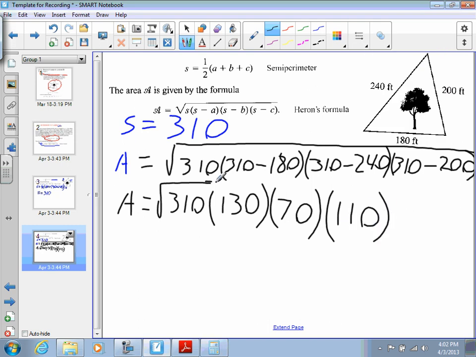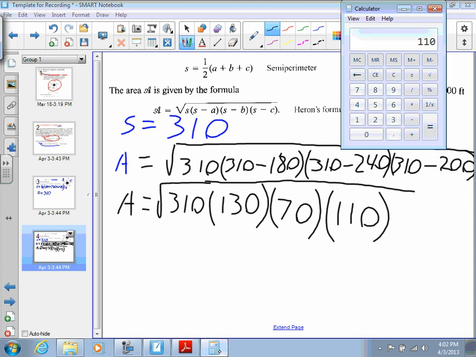And I'm finding the square root of this whole thing. Okay. I'm going to get a pretty good sized number here.